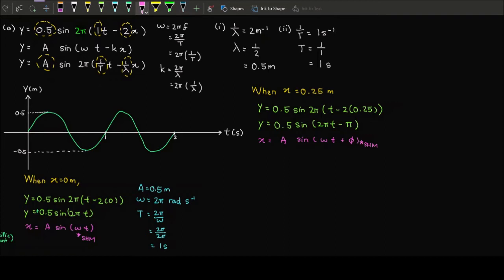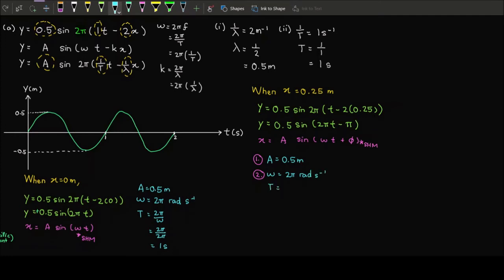Okay, so the first thing I will do is extract information, just like just now. The first information is A equals 0.5 meter. The second information that I can extract is that omega is still equal to 2 pi radian per second. What do I do with this omega?